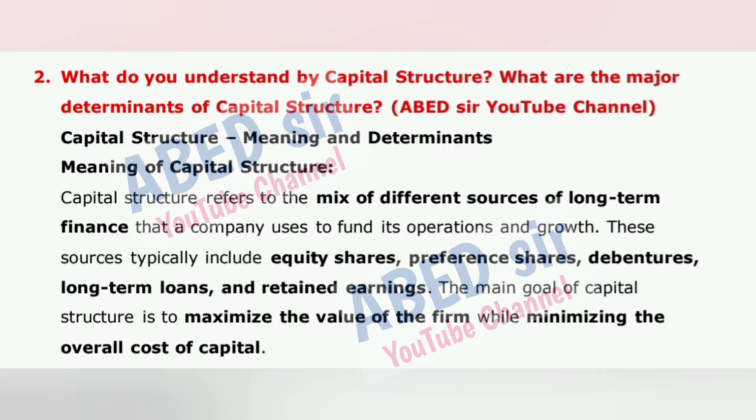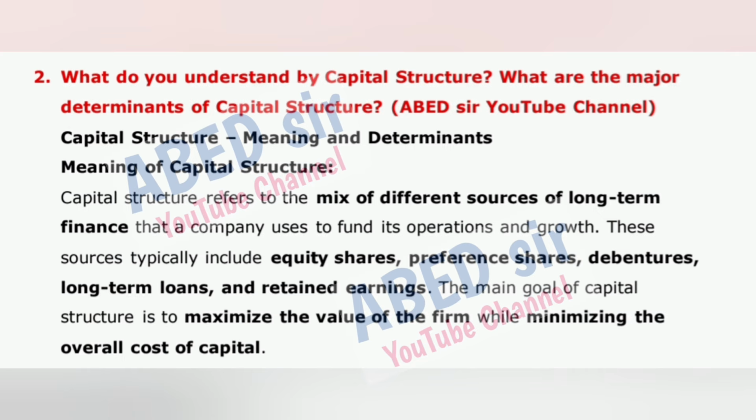Meaning of capital structure. Capital structure refers to the mix of different sources of long-term finance that a company uses to fund its operations and growth. These sources typically include equity shares, preference shares, debentures, long-term loans, and retained earnings.